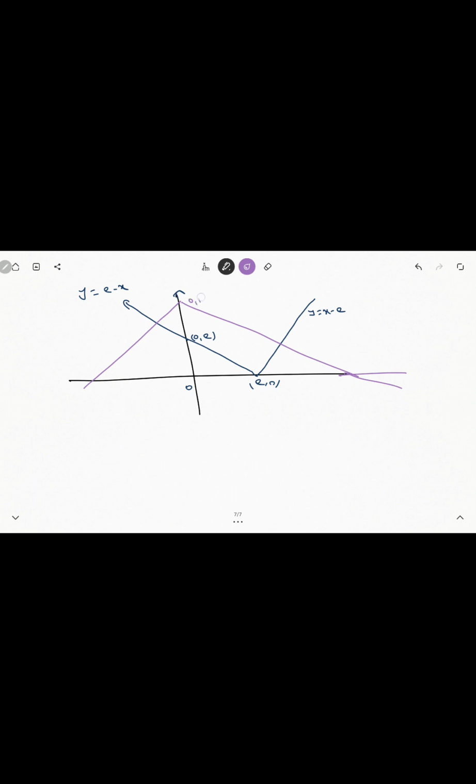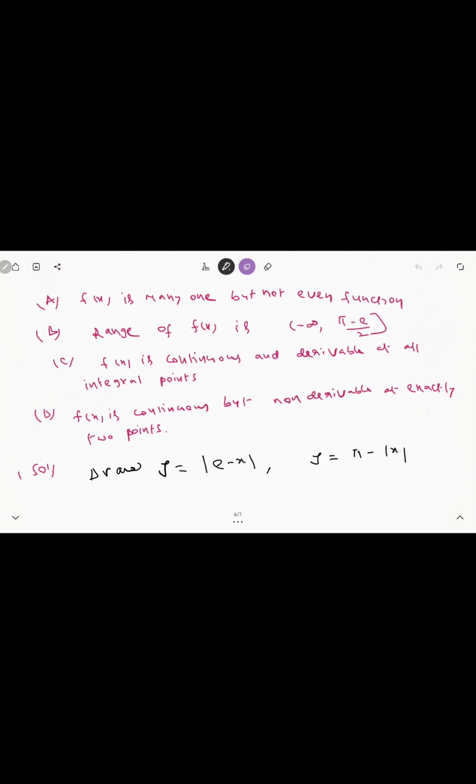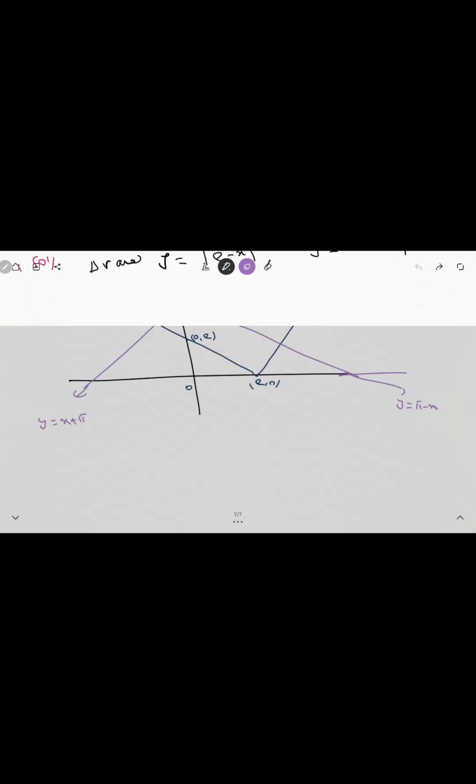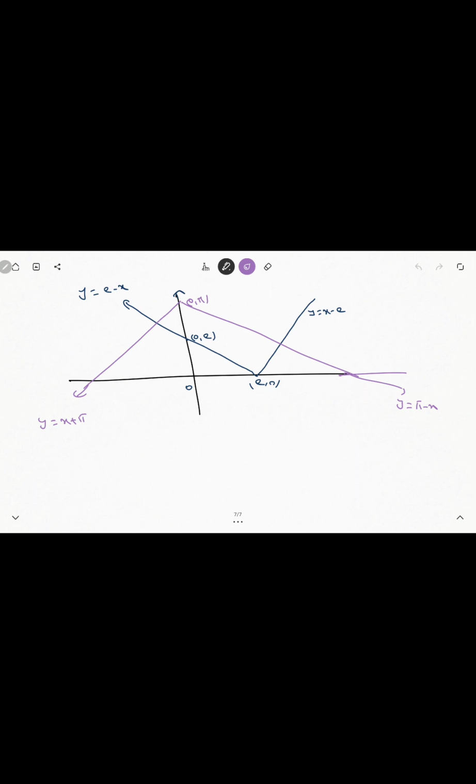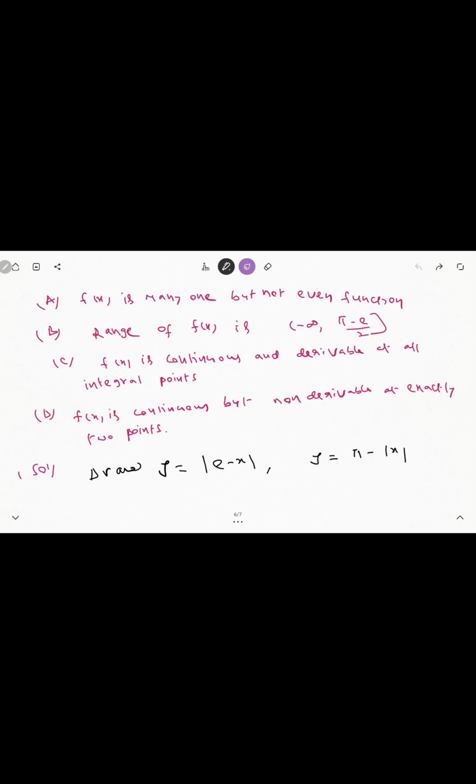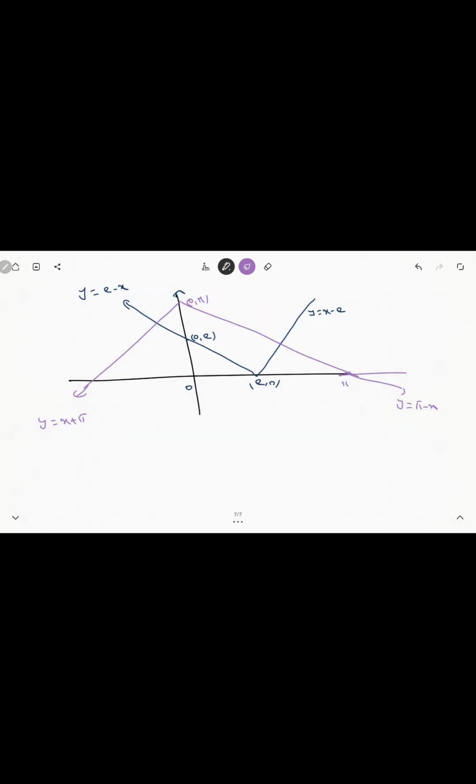It is 0 comma pi. Again, it is y is equal to pi minus x, because downwards, negative slope, minus 1. This one, y is equal to x plus pi, or pi plus x, because here plus or minus I am getting. Put y equal to 0 here, we are getting x is equal to plus or minus pi. So it is pi comma 0, it is minus pi comma 0.